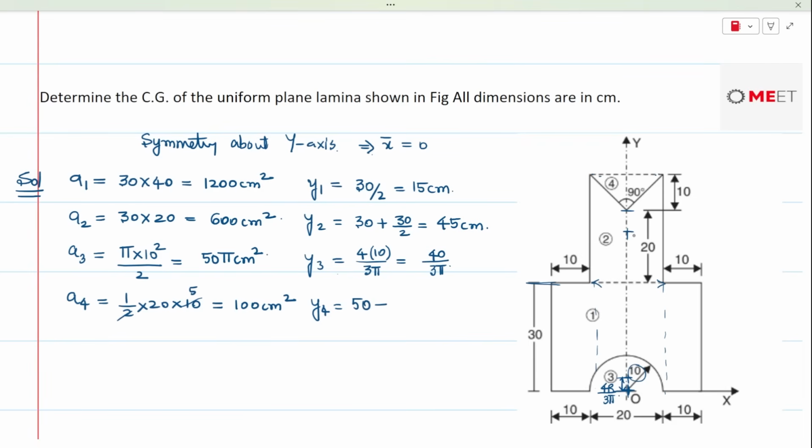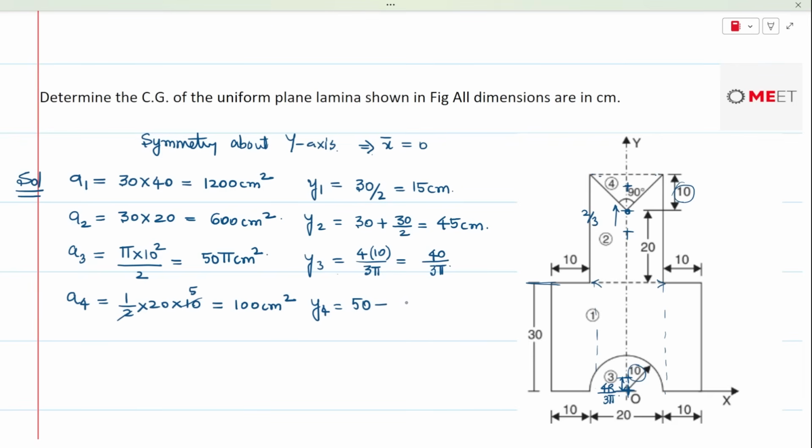Now, going from the apex of the triangle, the centroid is expected to be somewhere here, and when we go from the apex side, 2/3 of the height, this dimension has to be taken. That's 2/3 of 10.